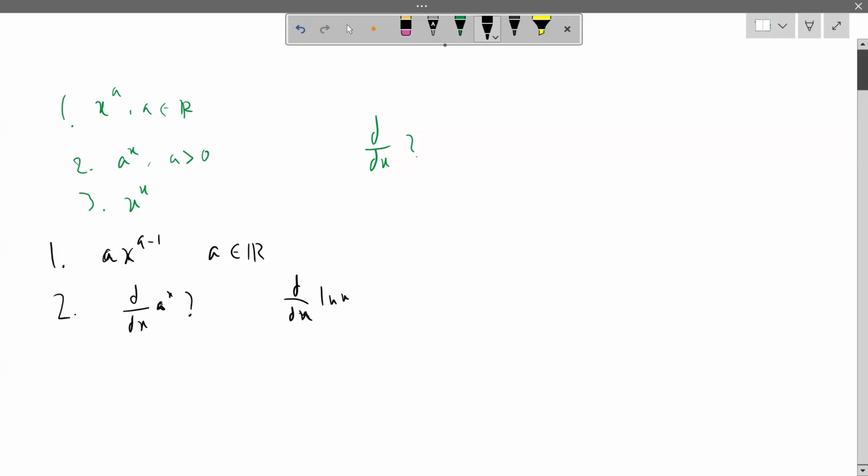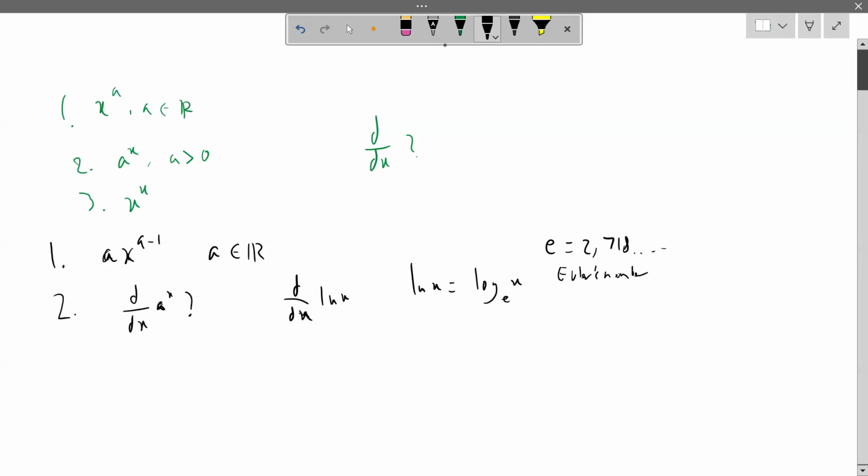So we're going to start off with the natural logarithm function. The natural logarithm function is the logarithm with base e, where e here is Euler's number, and its value is 2.718 and so on.